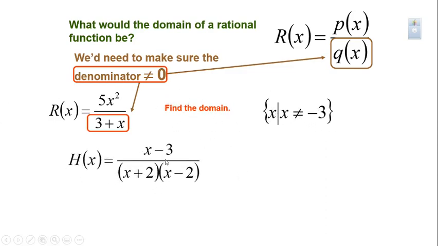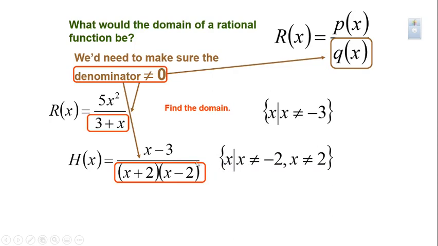If we take a look at this example here, we have x minus 3 over x plus 2 times x minus 2. If you set the denominator equal to 0, you'll get x is equal to positive or negative 2. So we're saying that the domain is everything except for those two x values. It's all real numbers x such that x is not -2 and x is not equal to 2.